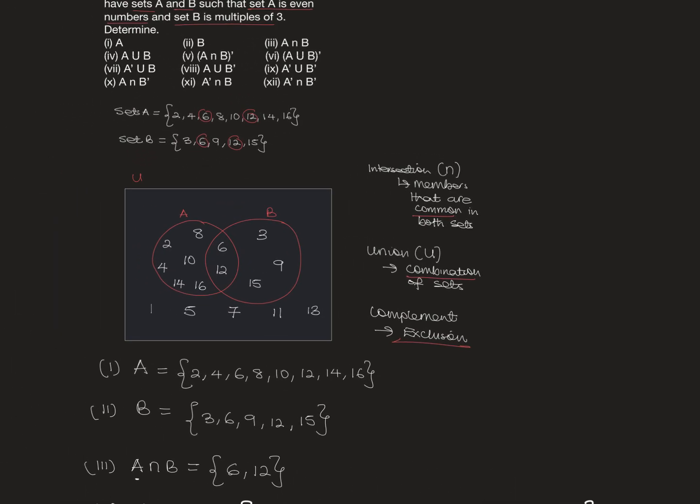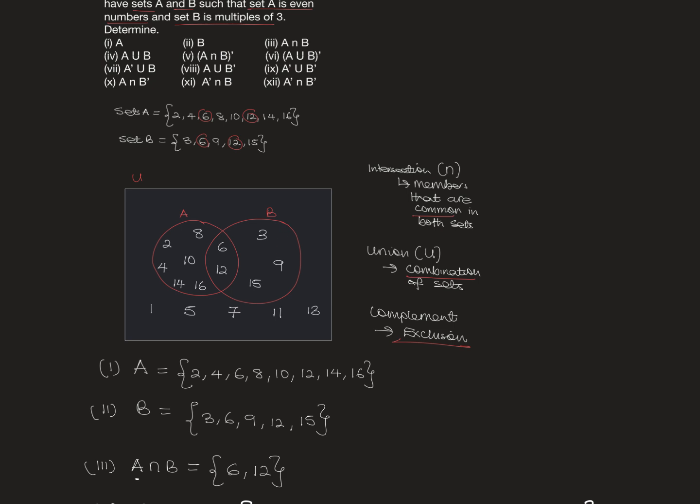So if you can see, these 1, 5, 7, 11, and 13 are the numbers that we have that are outside of A union B. So, which means these are the values that you have in A union B all complement.